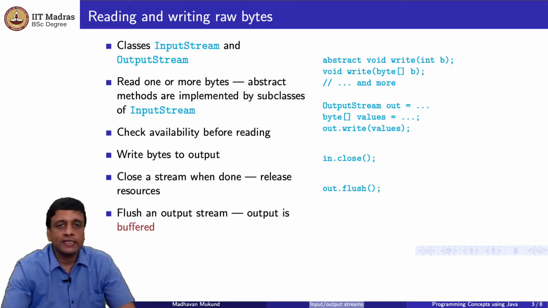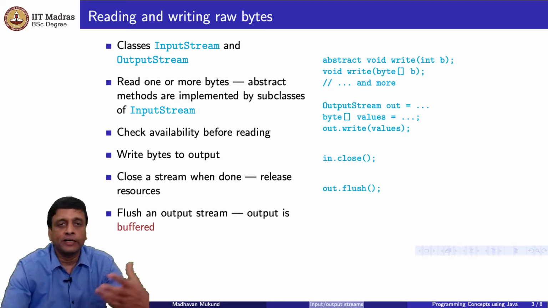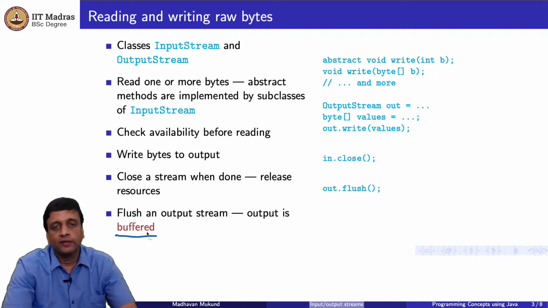Or if you have seen some of these buses waiting at a bus terminus, right? So the conductor will keep waiting for passengers to fill up, and only when all the passengers fill up does the bus leave. So in the same way, when you write output, only when the output has filled up to a certain length, it writes into what is a temporary space, which is usually called a buffer. So this output is buffered.